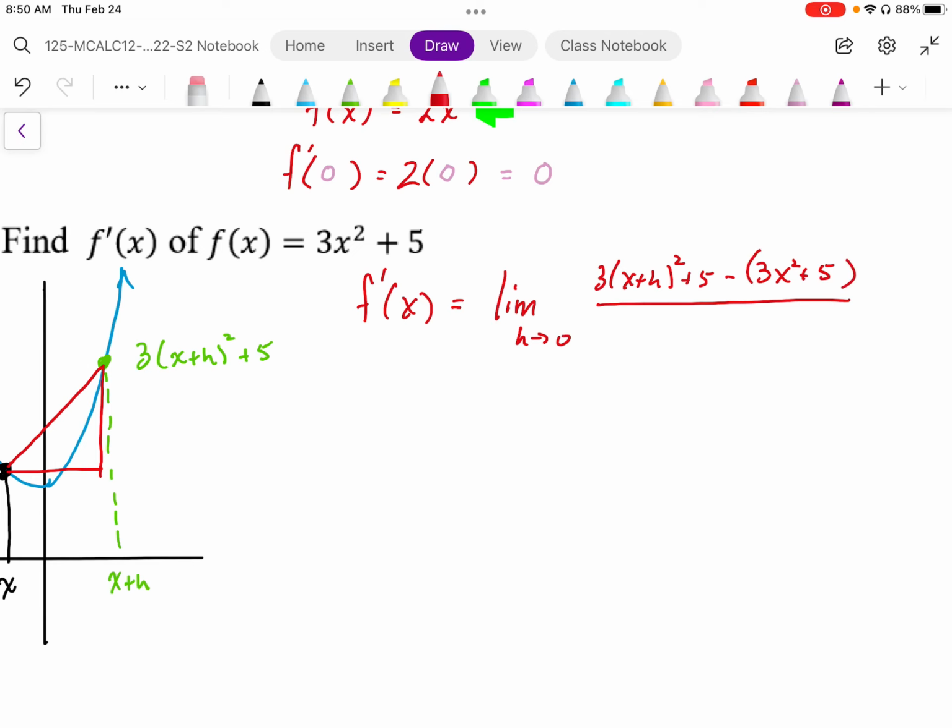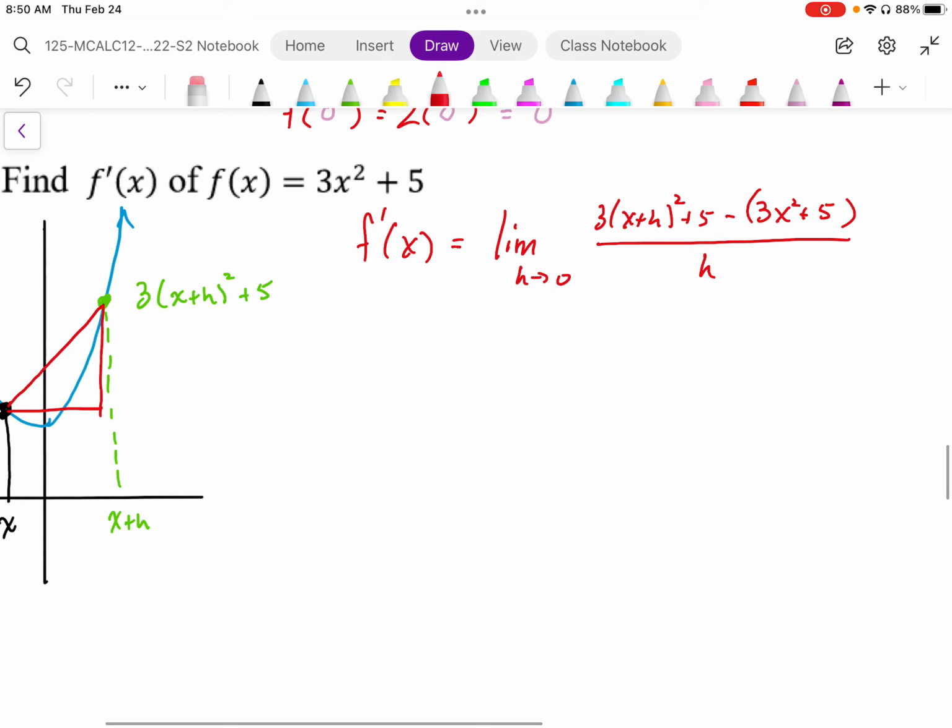Make sure I put brackets around there so I subtract the 5. Notice that those constants of plus 5 cancel out. Normally constants will cancel out because constants actually just shift the graph up and down. It doesn't actually affect the slope at any position of x.